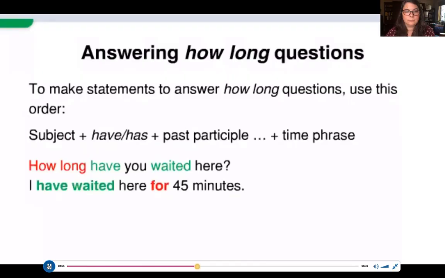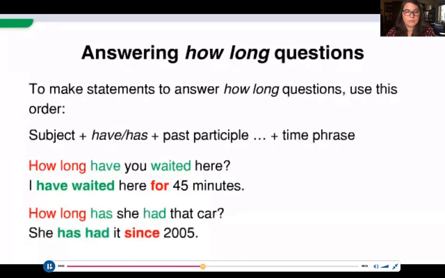I have waited here for 45 minutes. Okay, the subject is I. Because it's I, I'm going to say have, right? Has is for he, she, or it. So I have. Past participle is waited. It's regular. I have waited here. The time phrase is for 45 minutes. How long has she had that car?